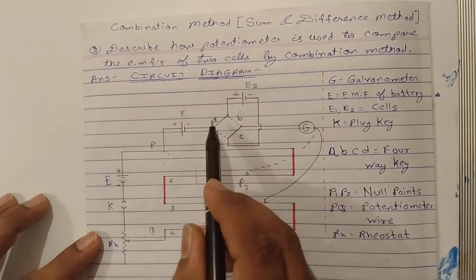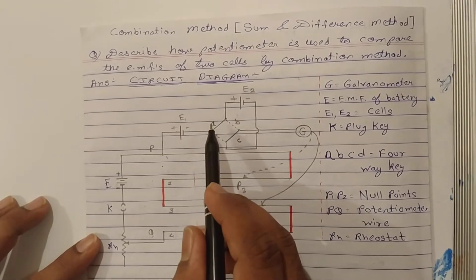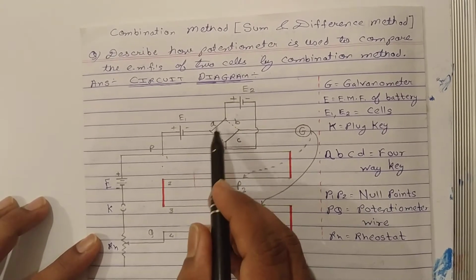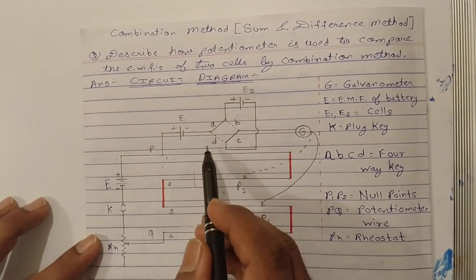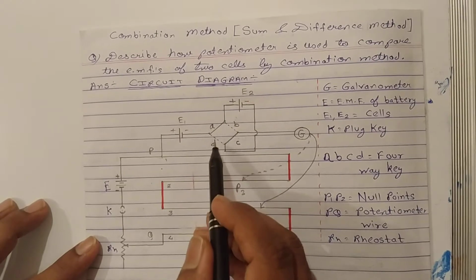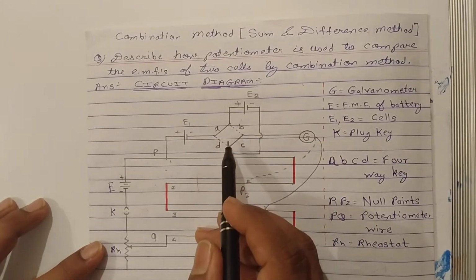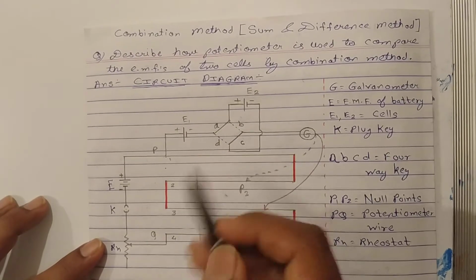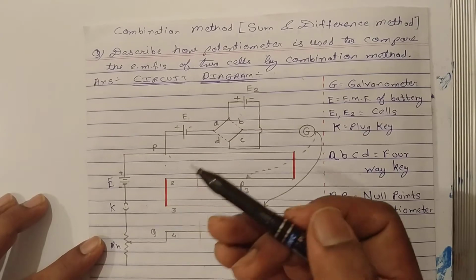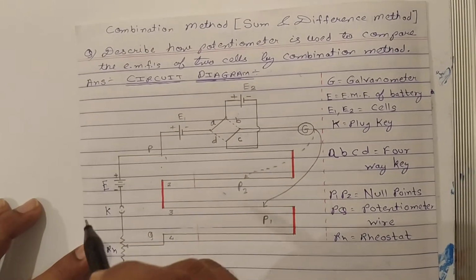Close either way, or B and D. Means at a time I will put a key on the arm A and C, that time B and D will be open, and if I put key into the arm B and D, that time A and C should be open. What is the use of this combination? I will explain to you when I explain the working of this particular circuit.